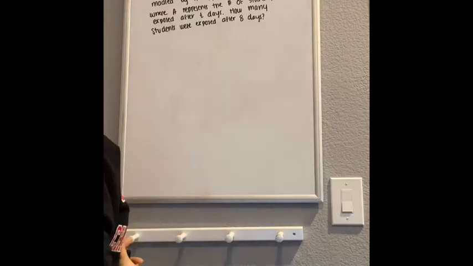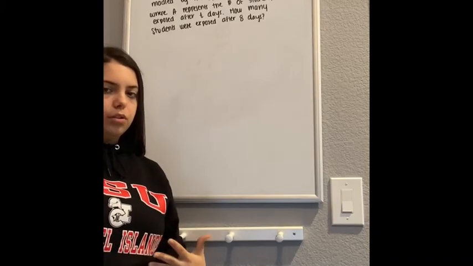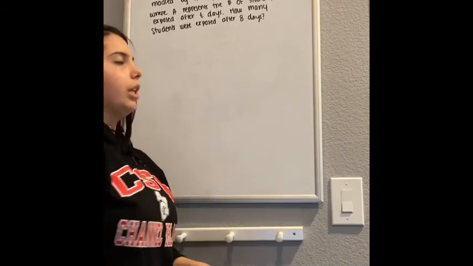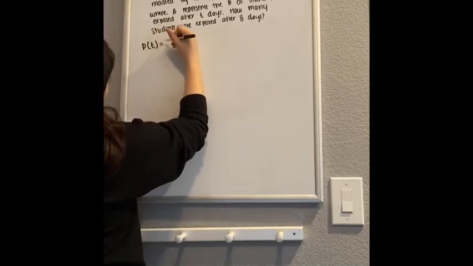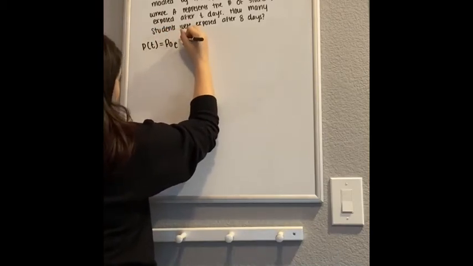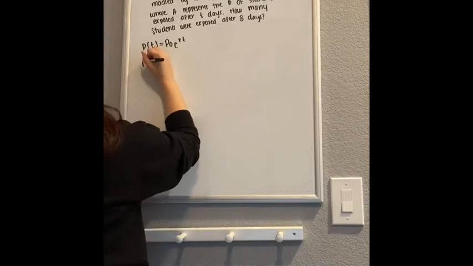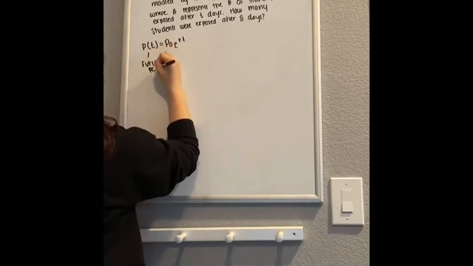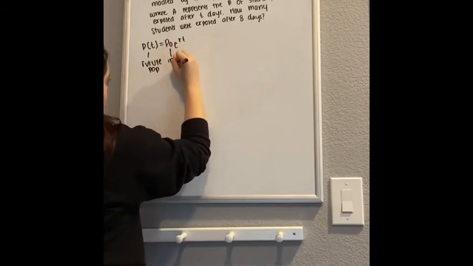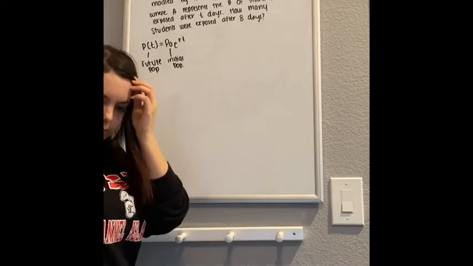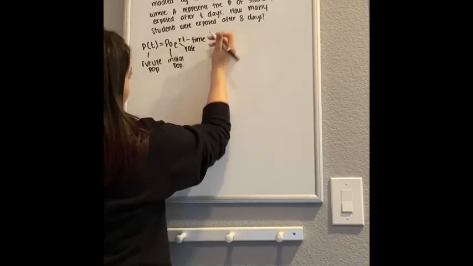So looking at this equation, I know that it's a population equation because it has to do with the amount of students being exposed to the measles, which means it has to do with people, population, which means the equation will be P of t equals P0 e to the rt, where P of t equals the future population, P0 equals the initial population, r equals the rate, and t equals time.